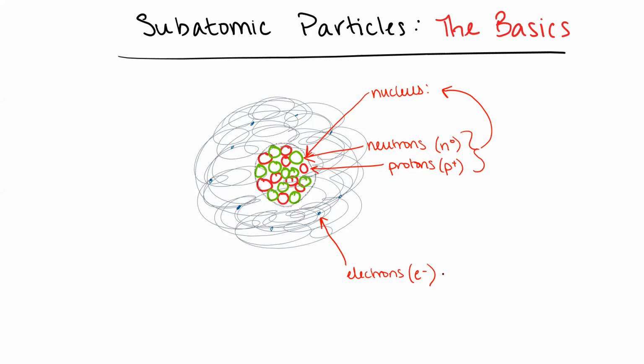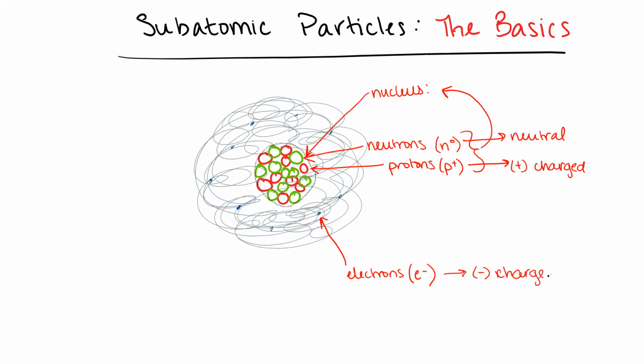Now, overall, we know that each of these has its own unique charge as well. So neutrons, as indicated by this small n sub zero that we have, are neutrally charged. Protons are positively charged. And to complement this, electrons are negatively charged.